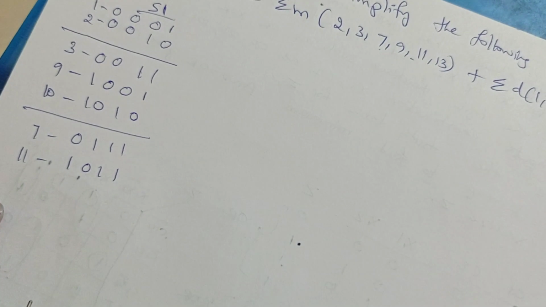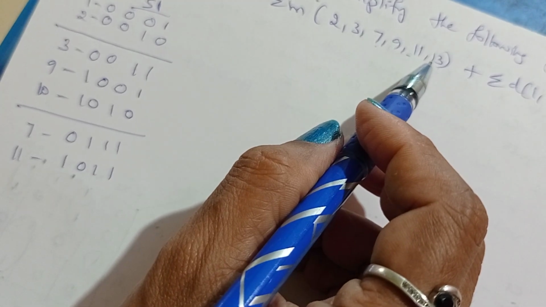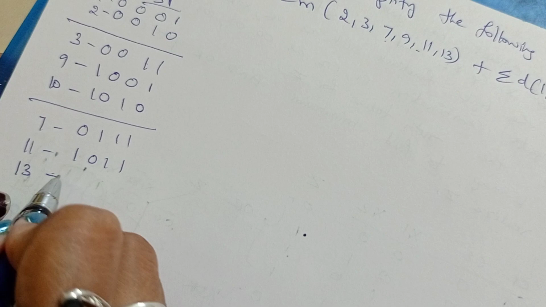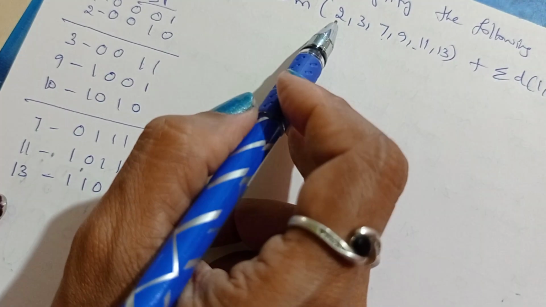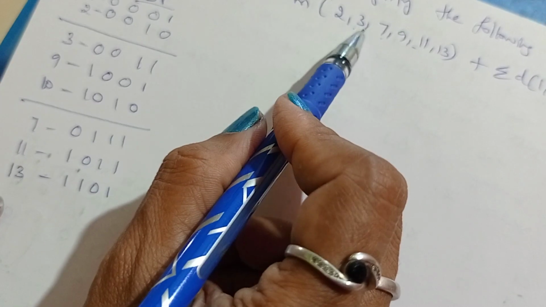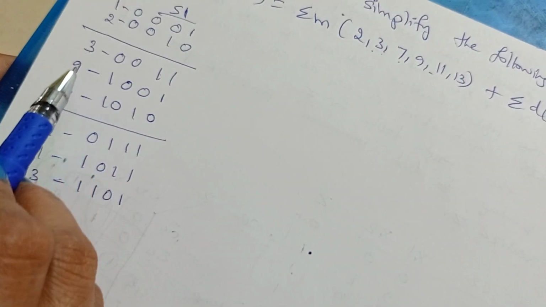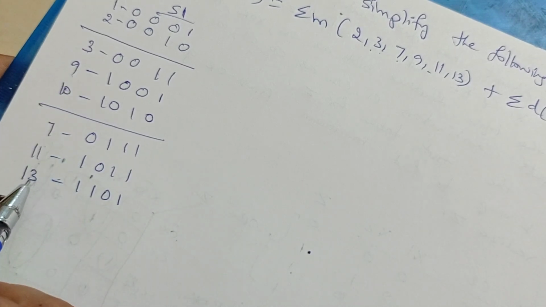Next group. Next coming to 13, 1, 1, 0, 1. So here all were completed: 2, 3, 7, 9, 11, 13.